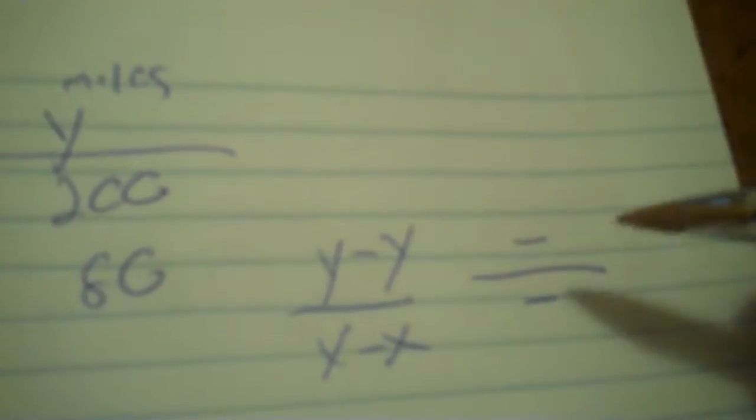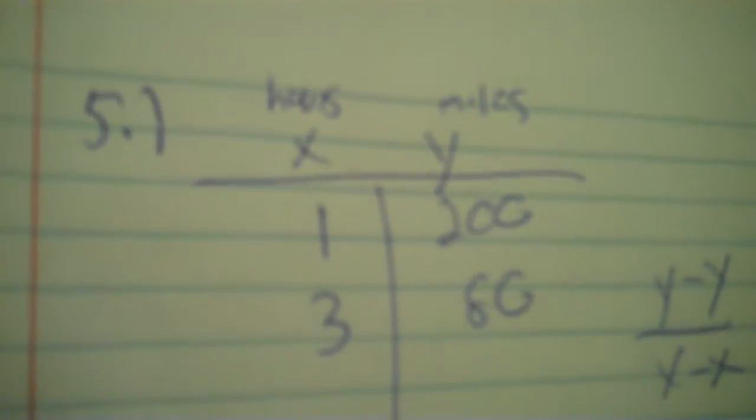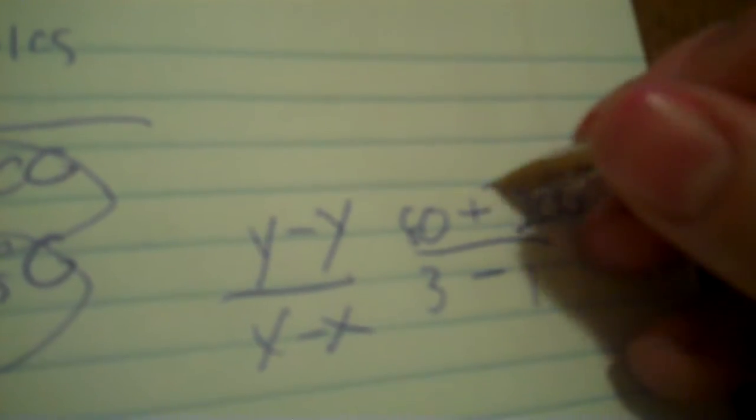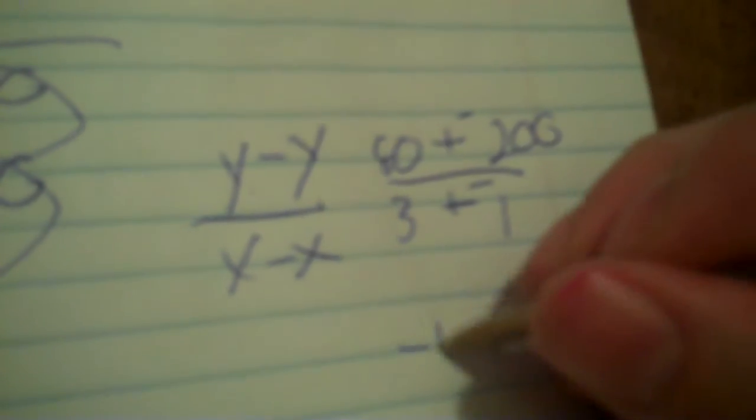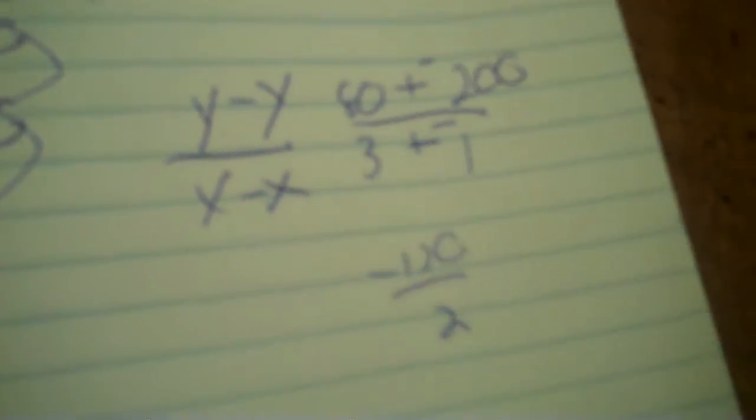You can do it one of two ways, like this. I'd start with the higher X, 3 on bottom, 80 on top, then 1 on bottom, 200 on top. So it's going to be -120 over 2, and when you divide, you get -60.